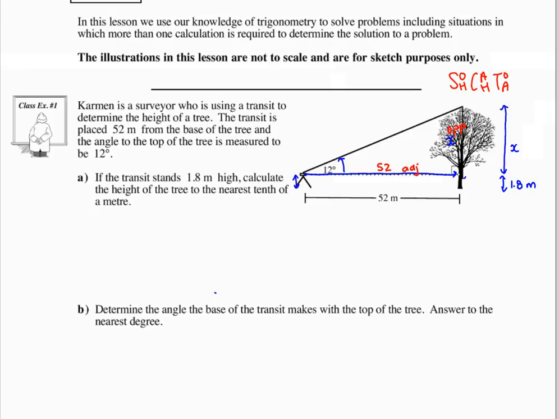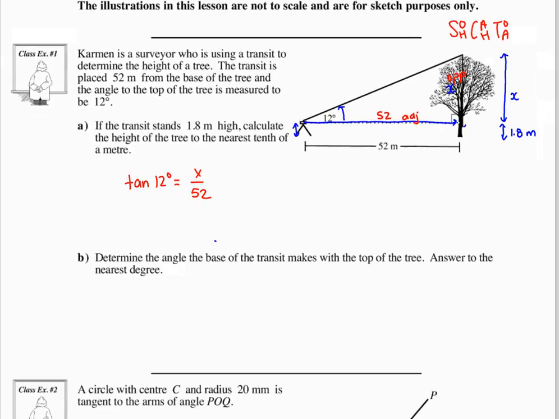Tan. So that would be tan of 12 equals x over 52. What would you do to both sides? Multiply by 52.